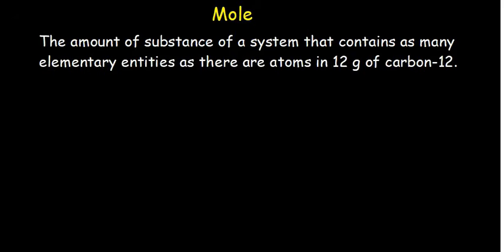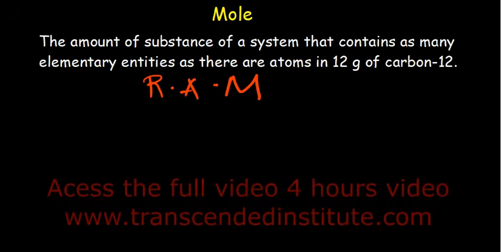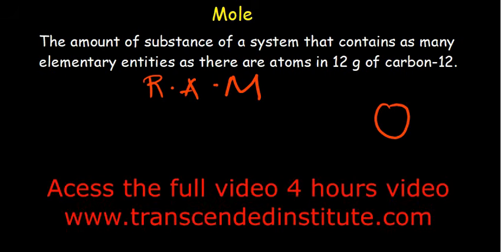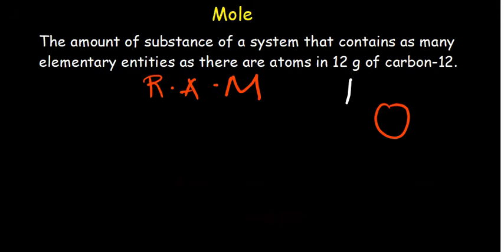When we look at our periodic table, we said we have relative atomic masses on it. For example, oxygen has a relative atomic mass of something like 15.994, and carbon has 12.01.